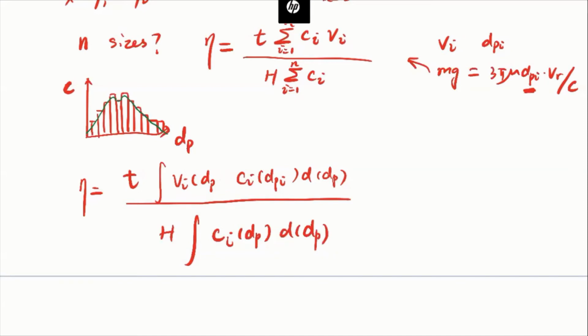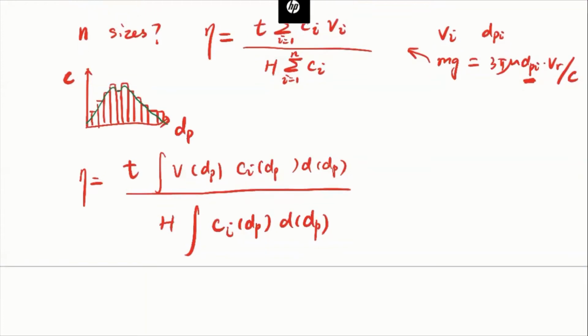I shouldn't show this i term here anymore because the particle size is already a continuous form. So that's going to be particle settling velocity multiplied by the concentration of the particles, and then we take the integral. Same for the denominator.